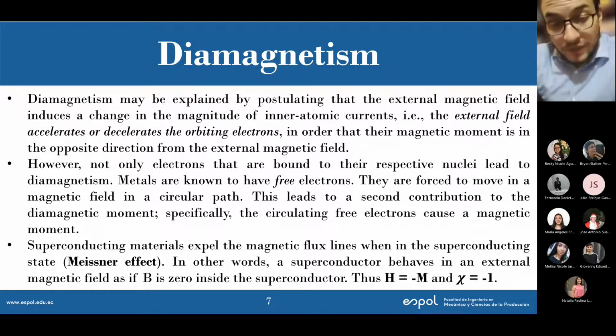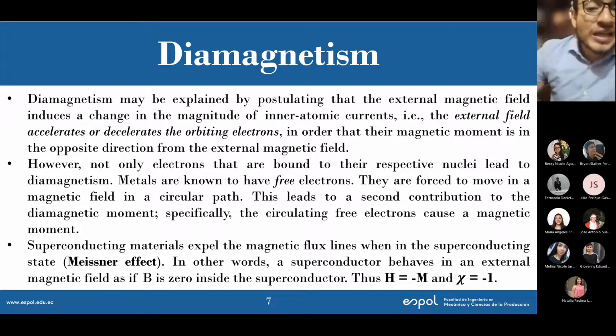It's not that you only have bound electrons, you also have free electrons. Well, those electrons with that external magnetic field are induced to move in a circular path. And that leads to a second contribution for the diamagnetic moment.